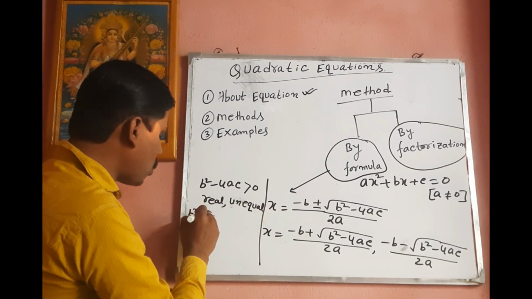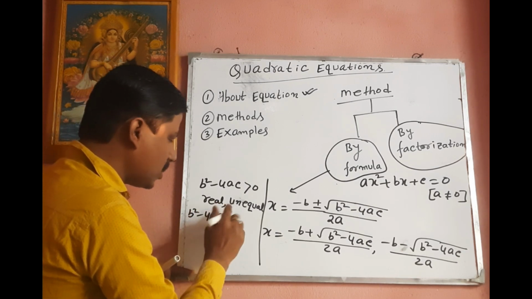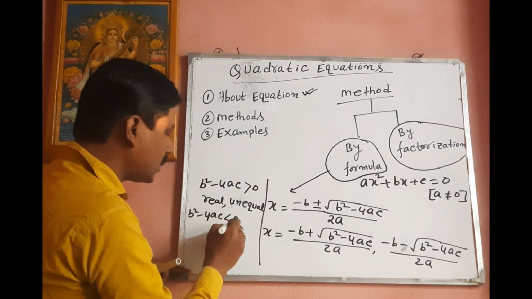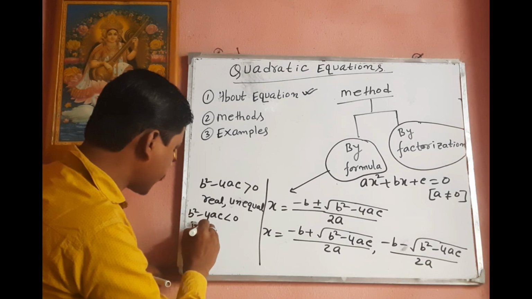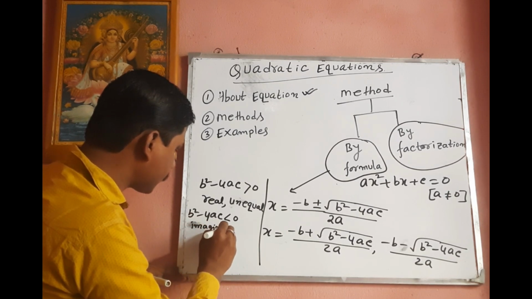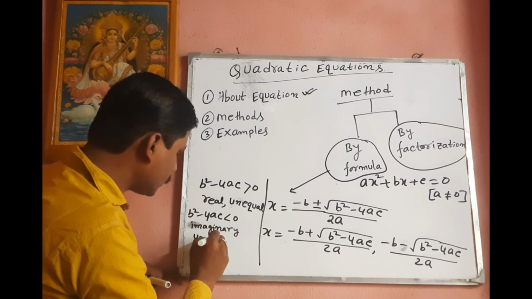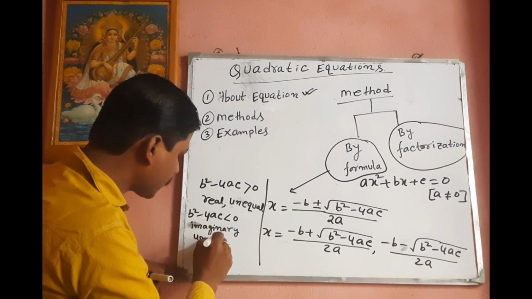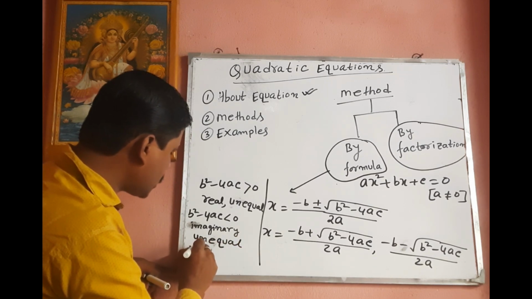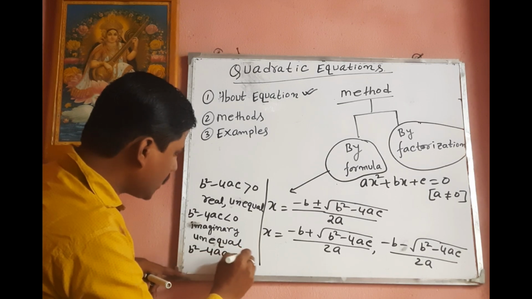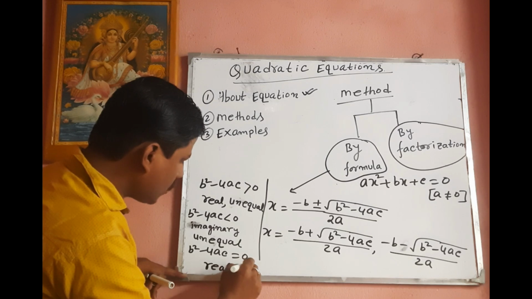When b square minus 4ac is less than 0, then the roots are imaginary and unequal. And when b square minus 4ac is equal to 0, then the roots are real and equal.